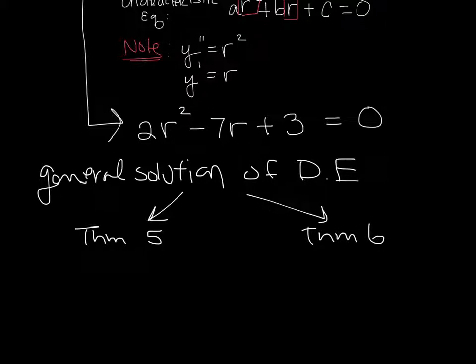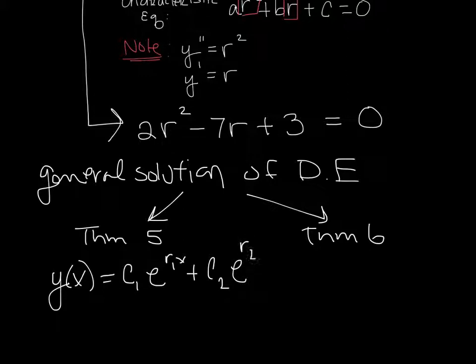Now, if you look at theorem 5 in your book, it says the roots R1 and R2 of your characteristic equation are real, we're not working with imaginary numbers, and distinct. And the general solution, where C1 and C2 are coefficients, is C1 e to the R1x plus C2 e to the R2x.